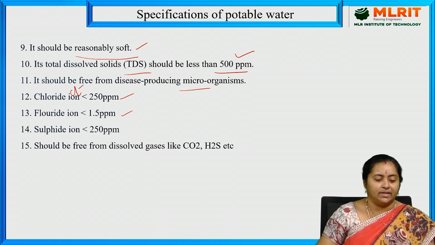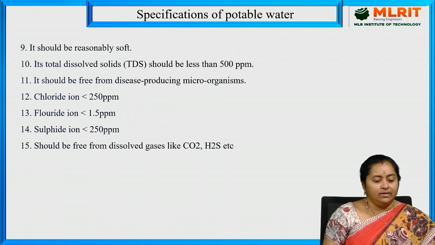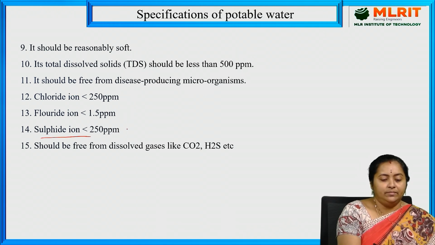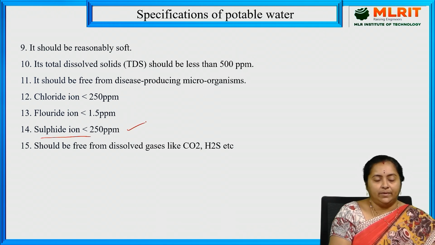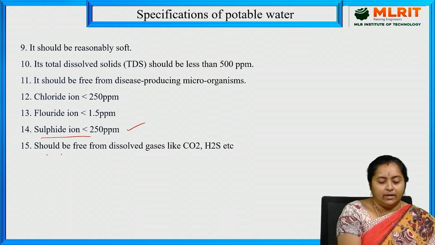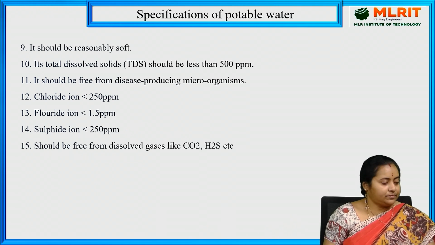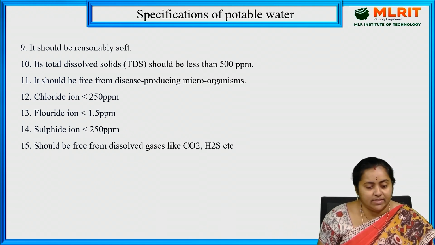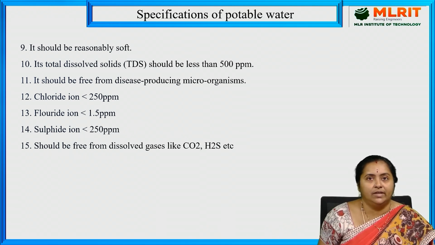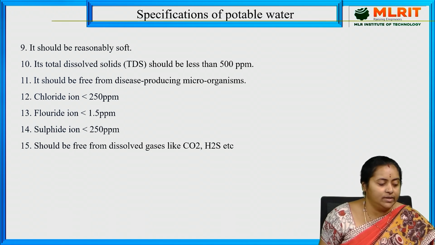Likewise, sulfate ion should be less than 250 ppm. And last but not least, water should be free from dissolved gases like CO2 and H2S. These are the specifications designed by WHO, the World Health Organization, regarding drinking water.